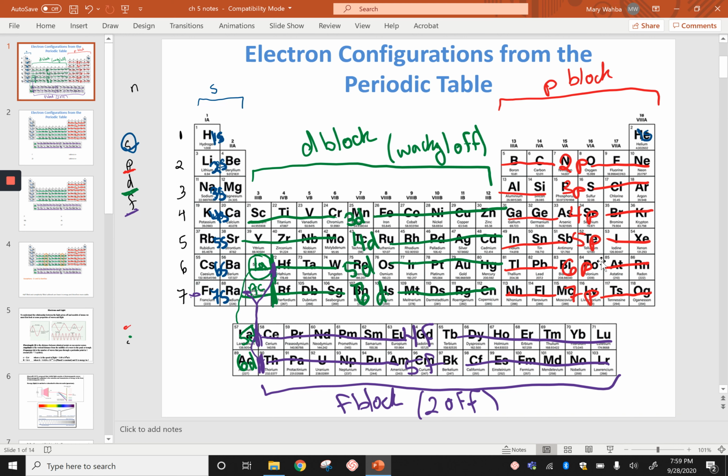So what do we do with this? Well, if we want an electron configuration, guess what? The lowest energy levels and sublevels are listed here for you on the periodic table.